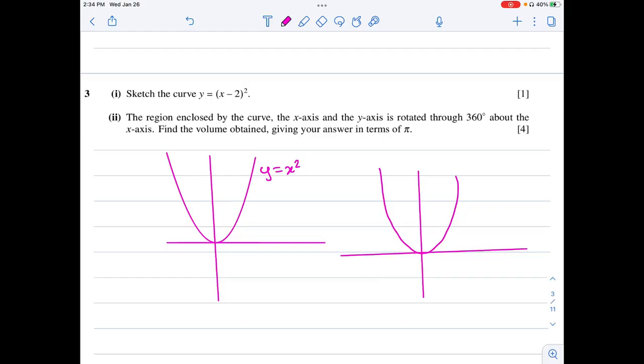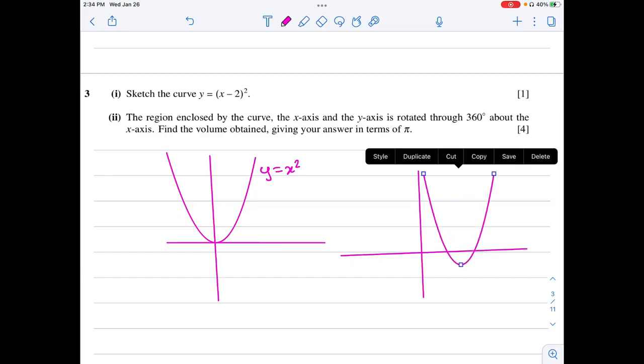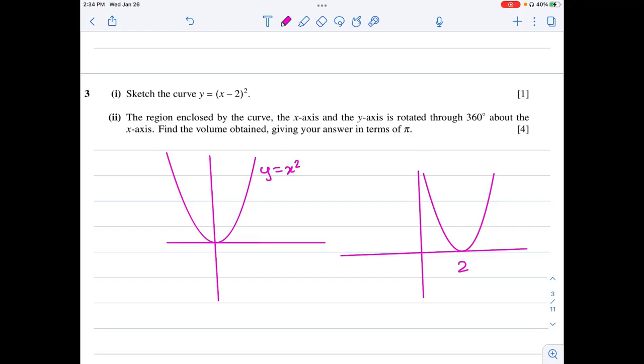From here, it was the x square graph, so move it by 2. Let me draw it out swiftly. So I am moving the graph, and over here this becomes x minus 2 whole square.